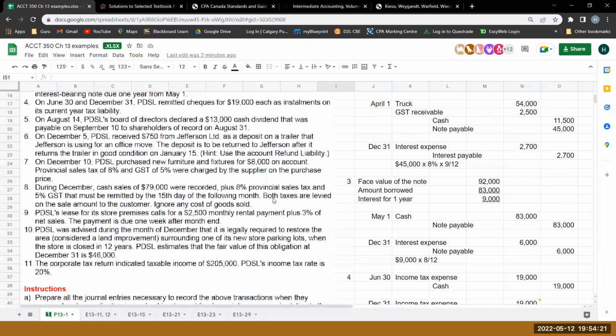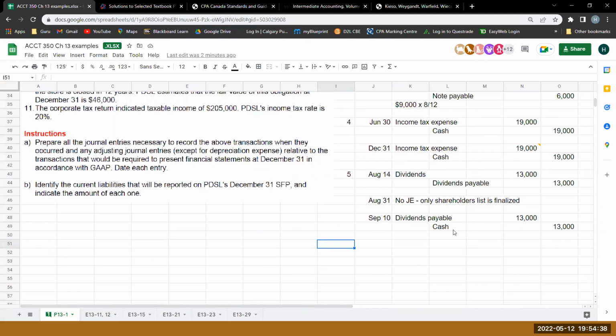So this is a refundable amount. We're getting cash, but this is cash not for us to keep. This is cash that we are holding just as a safeguard against any possible damage that happens to our property. So that's a refund liability. On December 5th, we're getting cash $750.